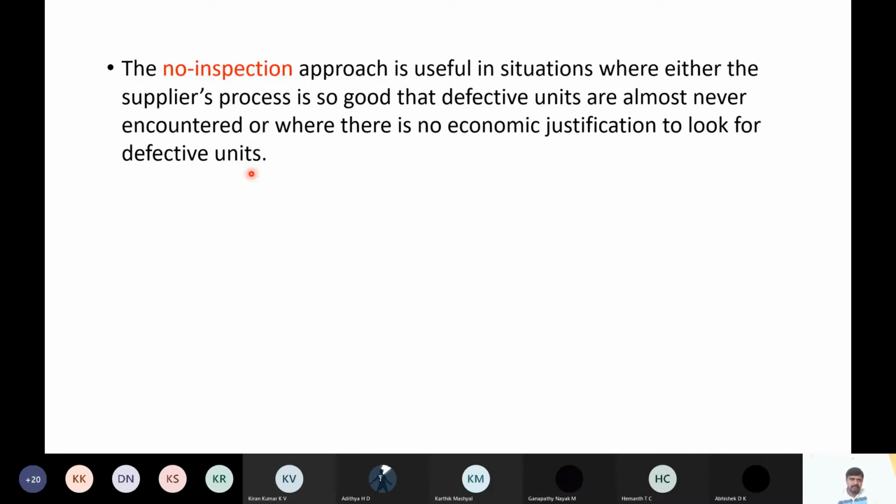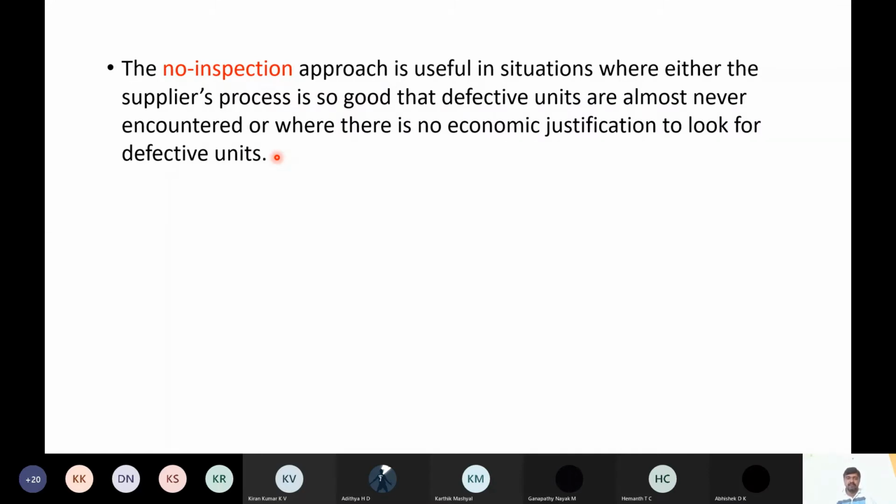Suppose you perform inspection to find defectives out of 1000. After inspecting all 1000 units, if you find only 2 defective, does that make sense? In order to find 2 defective, you have invested a lot. So is there any economic justification?